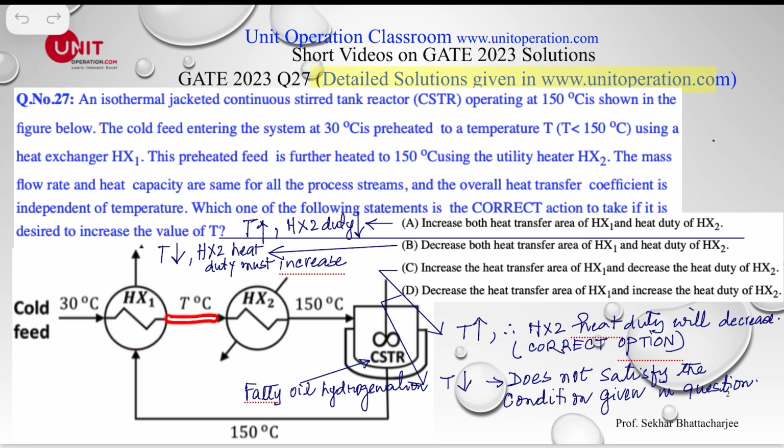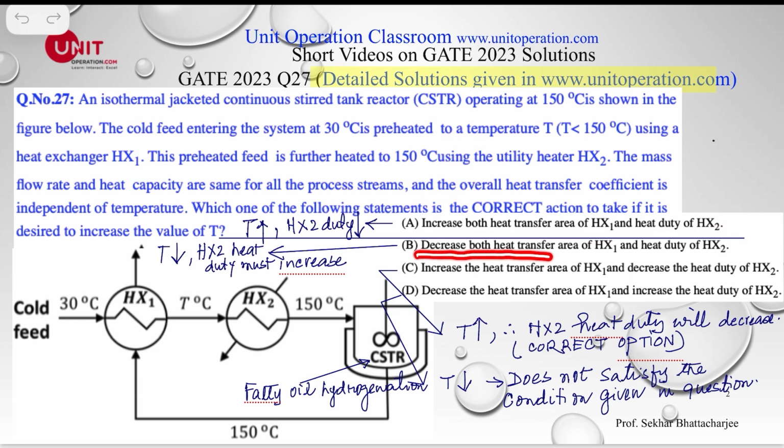If the temperature increases here, then of course the heat duty of this utility heater, which is heated by some kind of MP steam, will decrease, since this is a constant temperature of 150 degrees Celsius. So the increase in heat duty of HX2 is not true. So this is false.